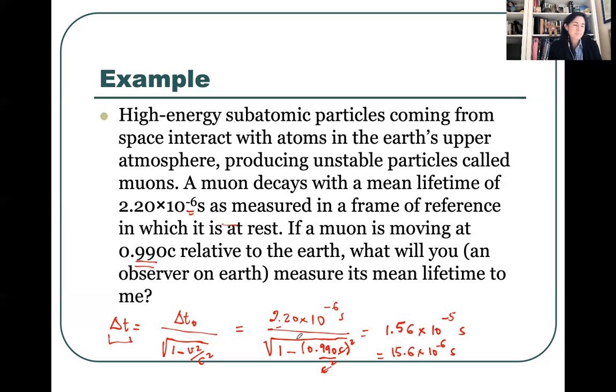And if you want to know how much distance the muon will travel in the atmosphere, you take this time, 15.6 times 10 to the negative 6 seconds, and multiply by its speed, 0.99 times c, and it's a few thousand meters. Again, that's because we're looking at it when it's not in a frame of reference where it's at rest. It's moving really fast.